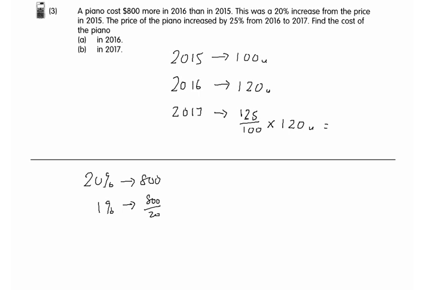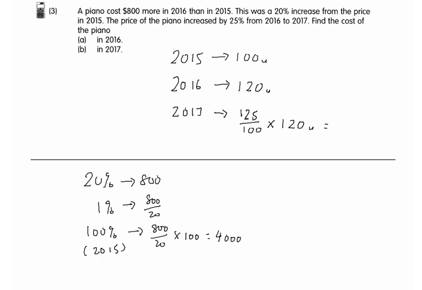Then we'll proceed to find 100%, which is 800 over 20 times 100. And this will give me 4,000. So this is how we will find the price in 2015.